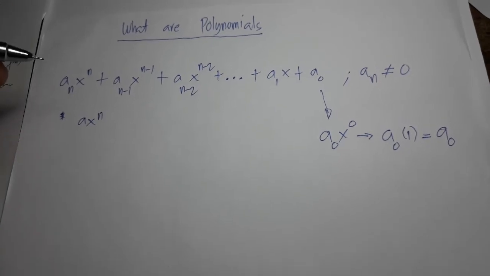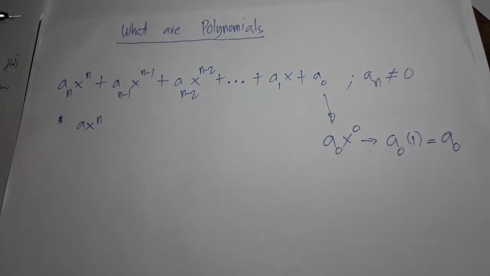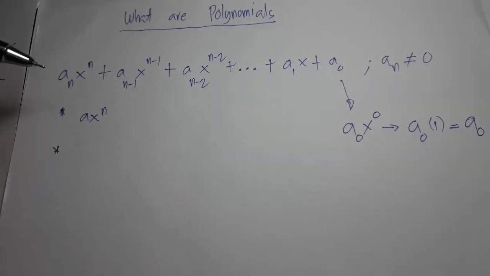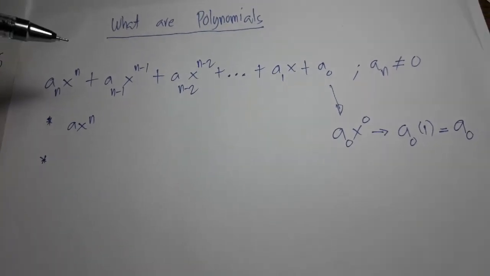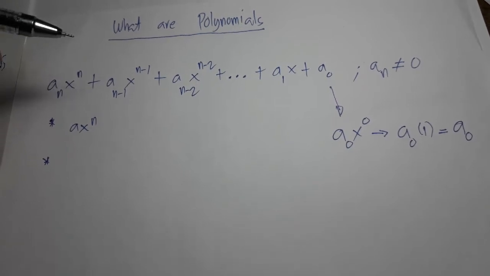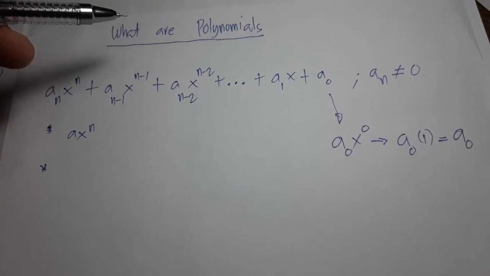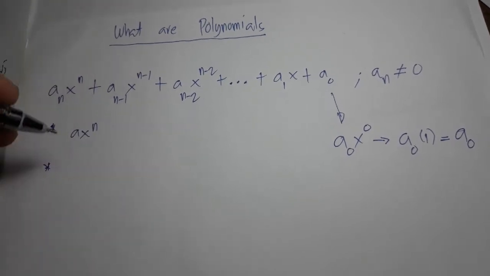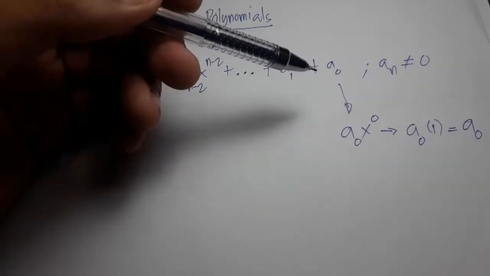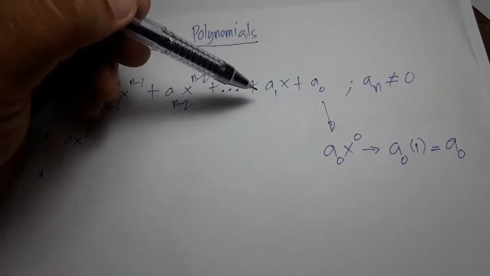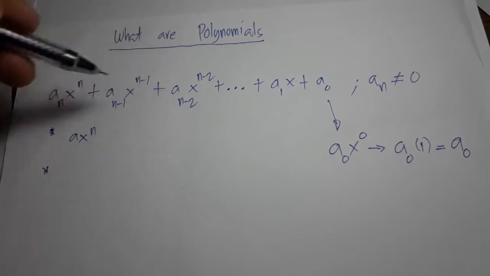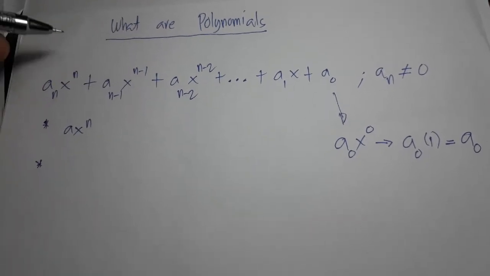Another description of polynomial is that this polynomial has numerical coefficients. The coefficients are, of course, all real numbers. They are a subscript 0, a subscript 1, and so on until a subscript n.